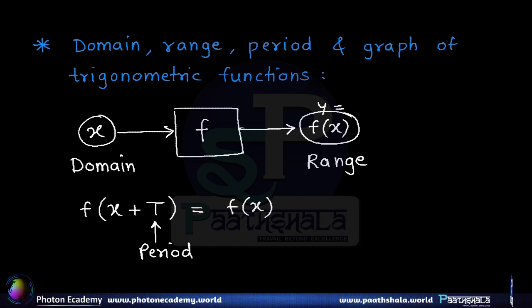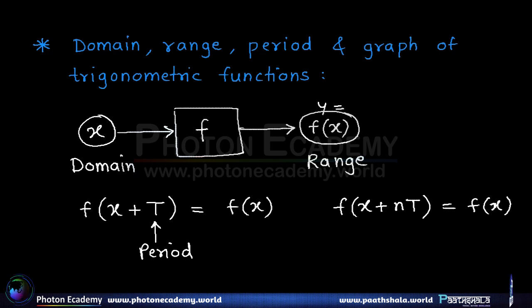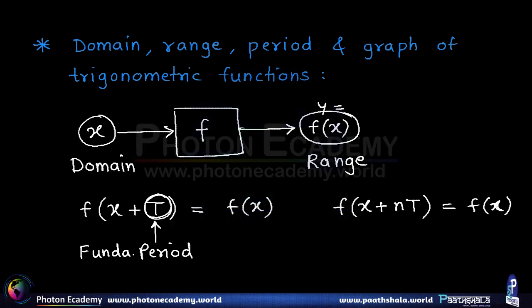What it means is the function repeats its values after the period T. So it's clear that instead of just T, if you take any integer multiple of T, the function will of course still repeat its value. Therefore the smallest possible value that can be added to x so that the function repeats is called the fundamental period, and not just period. So that function will have a fundamental period.